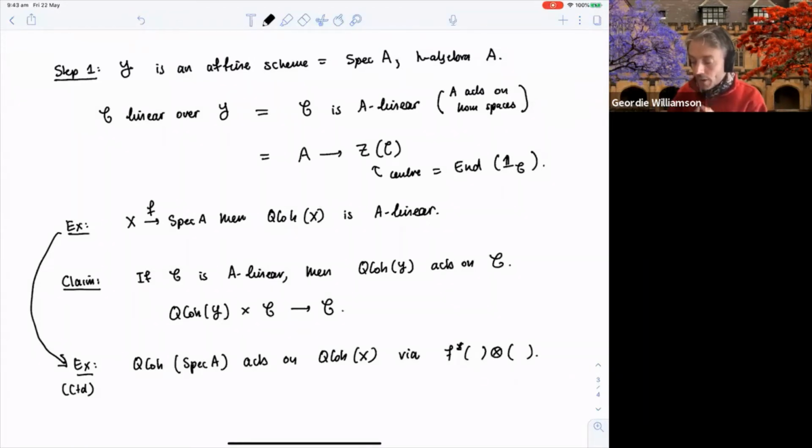So now we can, for example, say, if we have some morphism, we can ask, is it non-zero at a particular point, for example, by taking the skyscraper sheaf at that point and tensoring with that.